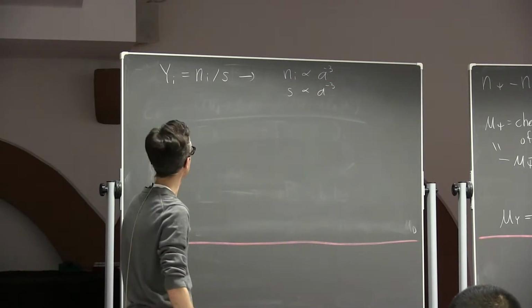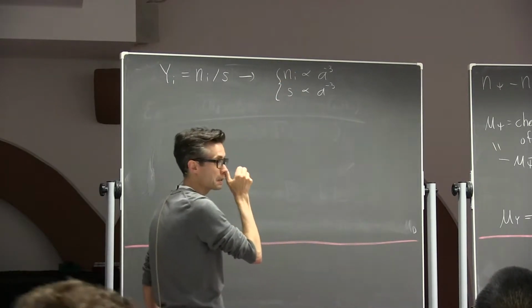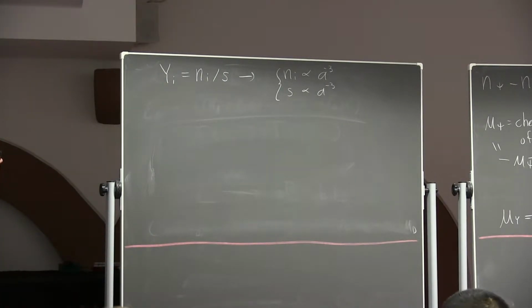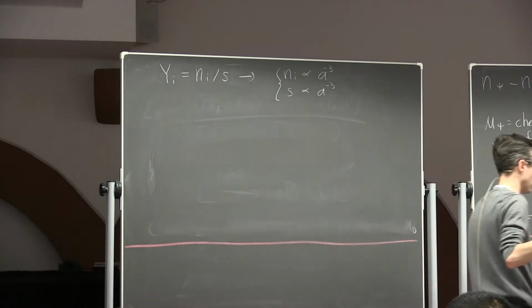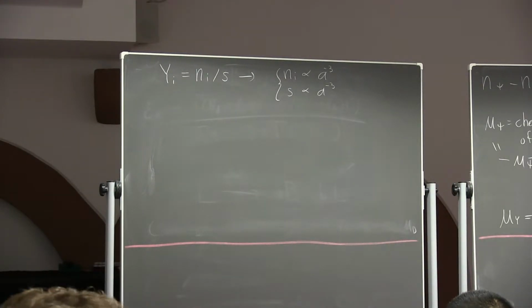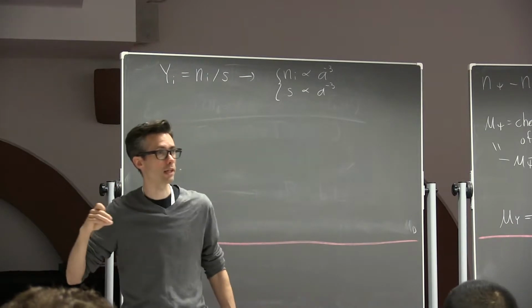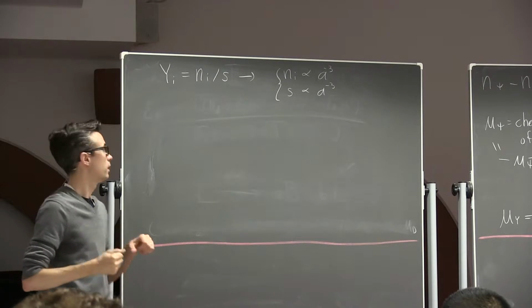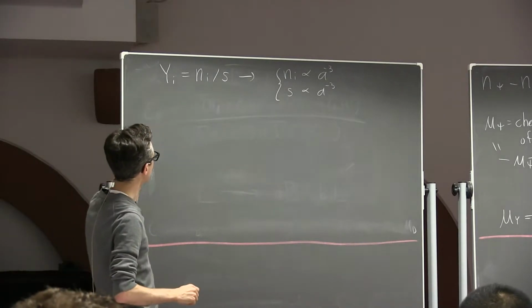So the motivation for using yields instead of just individual number densities is that as long as, in the absence of departures from equilibrium and interactions that change the number density n_i, this yield is just a constant. So using yields is handy because after something freezes out, like dark matter, for example, the yield you get is just a constant.